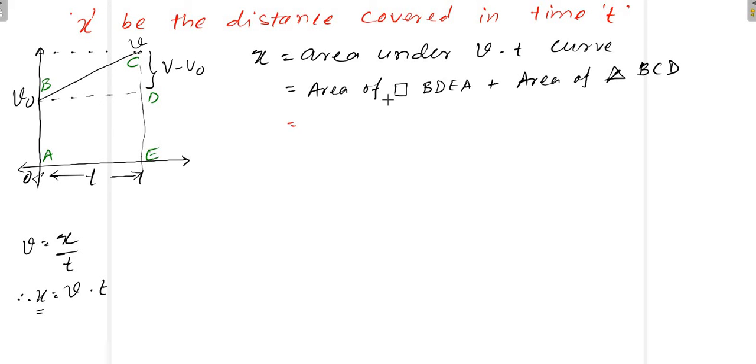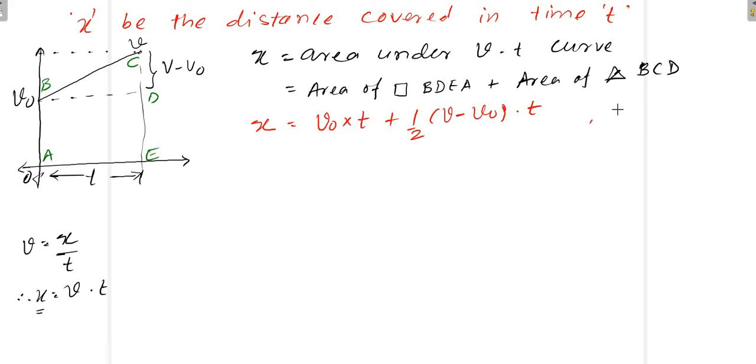The area of this triangle: one side is v0, the other side is t, and the area of the triangle is 1/2 into the height of the triangle, v minus v0, and the base t. So this is the expression where you can find x.